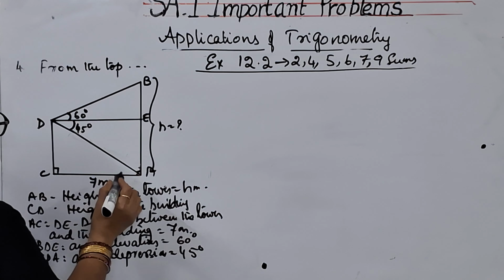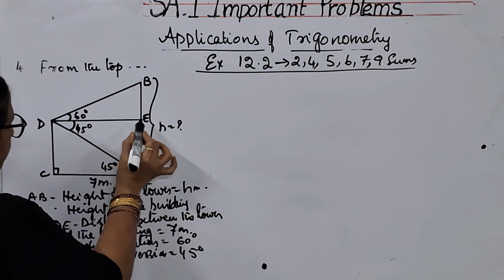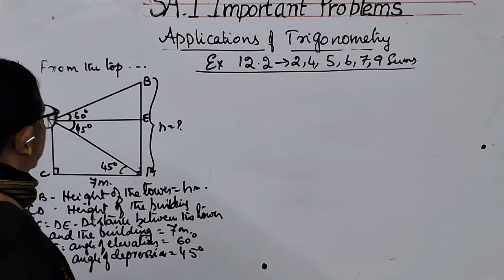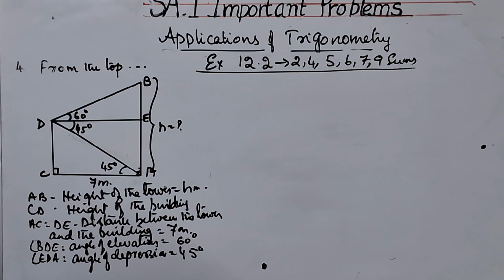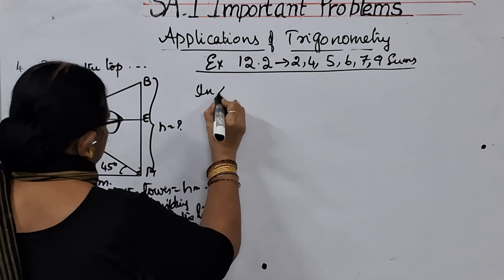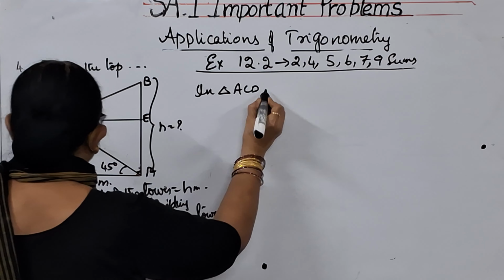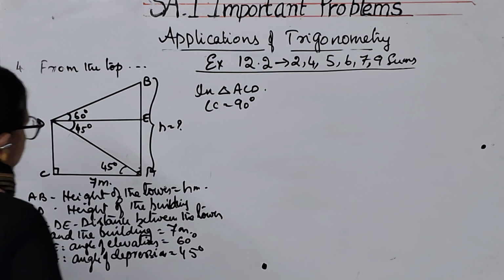Now, this is 45 degrees means definitely this is also 45 degrees, parallel lines, alternate angles. So, now first we will take triangle ACD. In triangle ACD, angle C is 90 degrees.